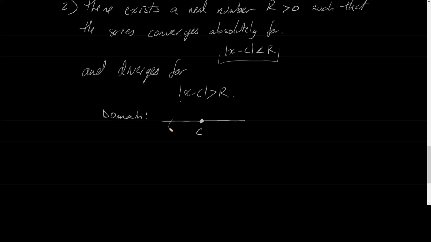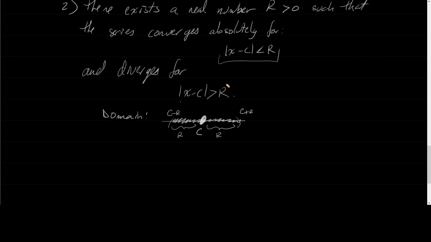So let's say that this distance is r. That means that this value over here would be c plus r, this would be c minus r. We're saying the domain would be the entire thing there, all of those values in there. Right, that's the first part.